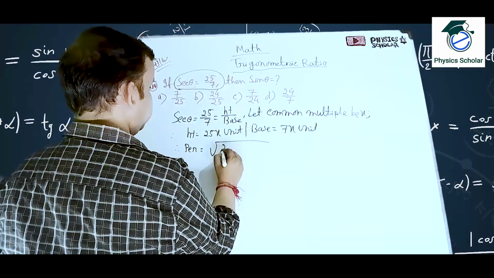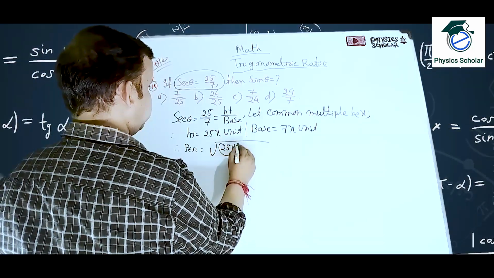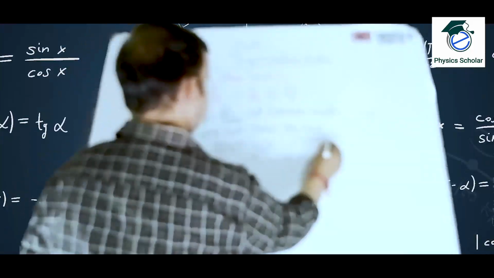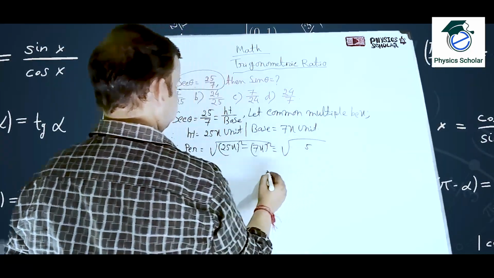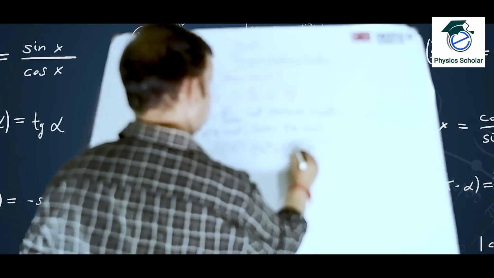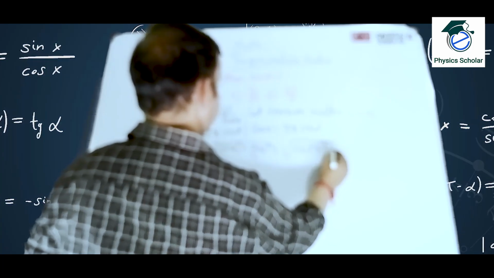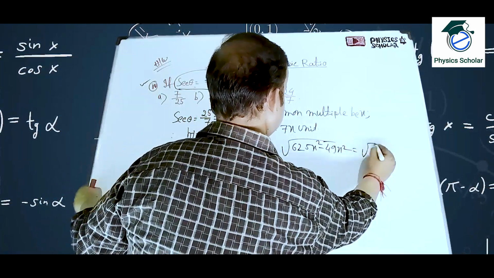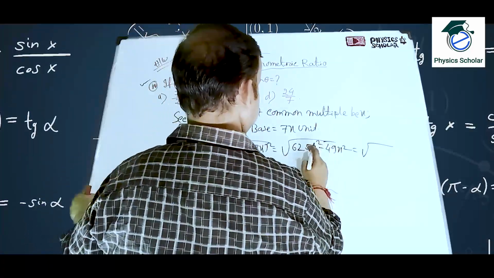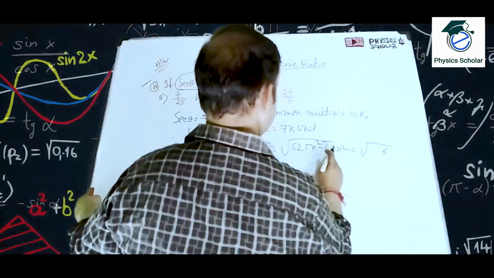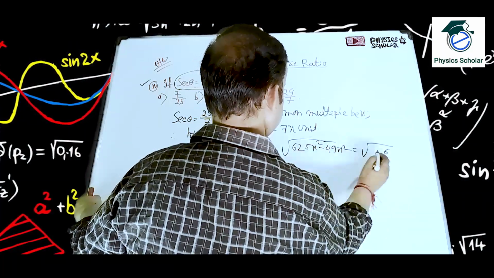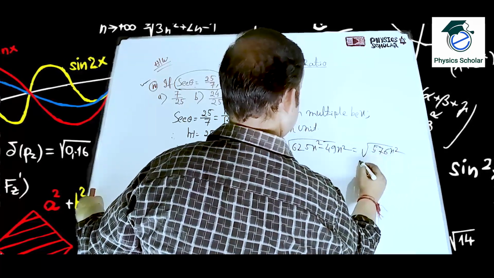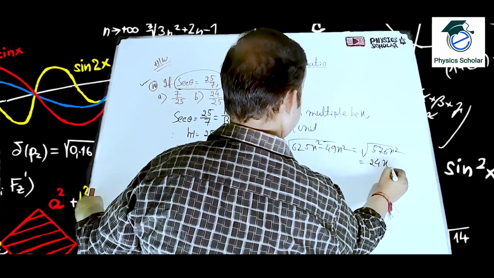Root of hypotenuse square minus base square. So root of 625x square minus 49x square is equal to root of 576x square, is equal to 24x unit.